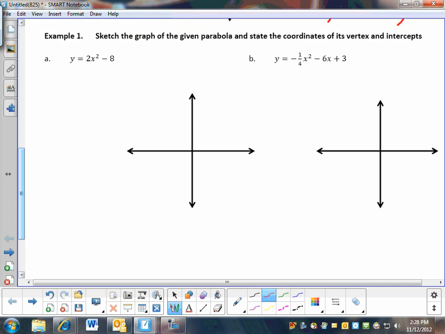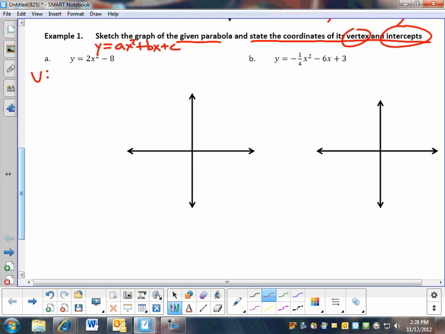Okay, it says sketch the graph of the given parabola and state the coordinates of its vertex and x-intercepts and y-intercept. So if I'm given a parabola, first I need to recognize that it's in the form y equals ax squared plus bx plus c. I want to start by identifying the vertex.